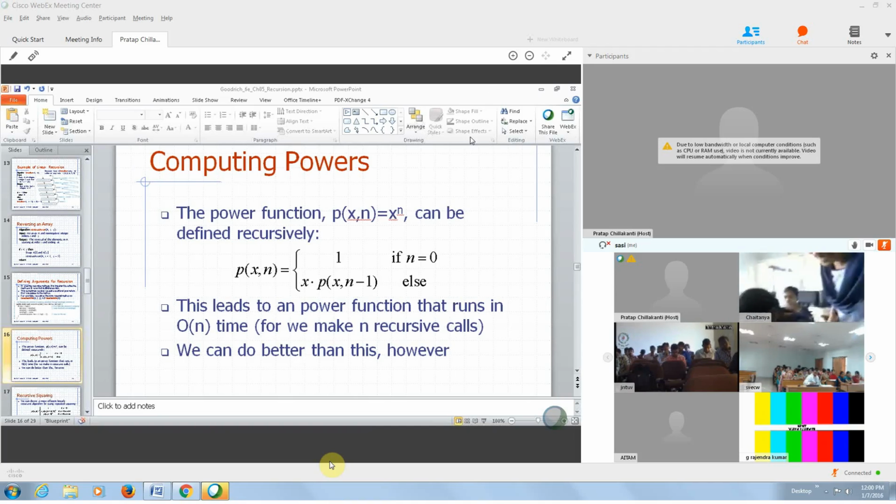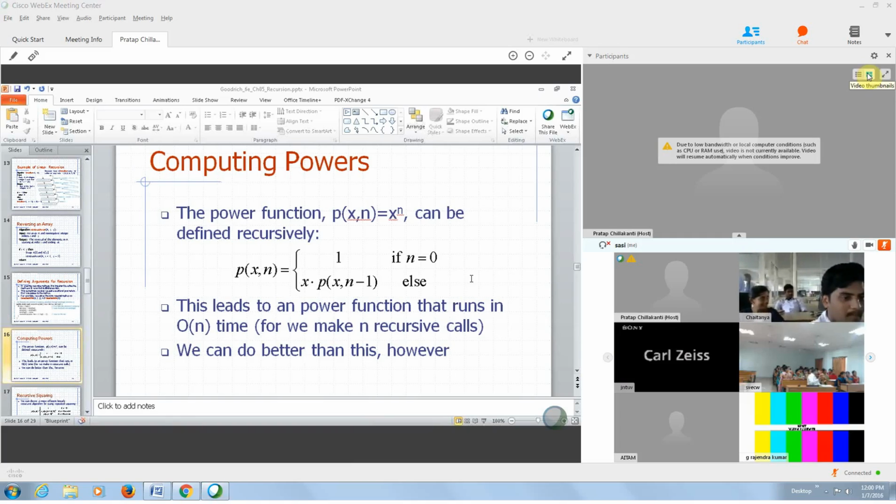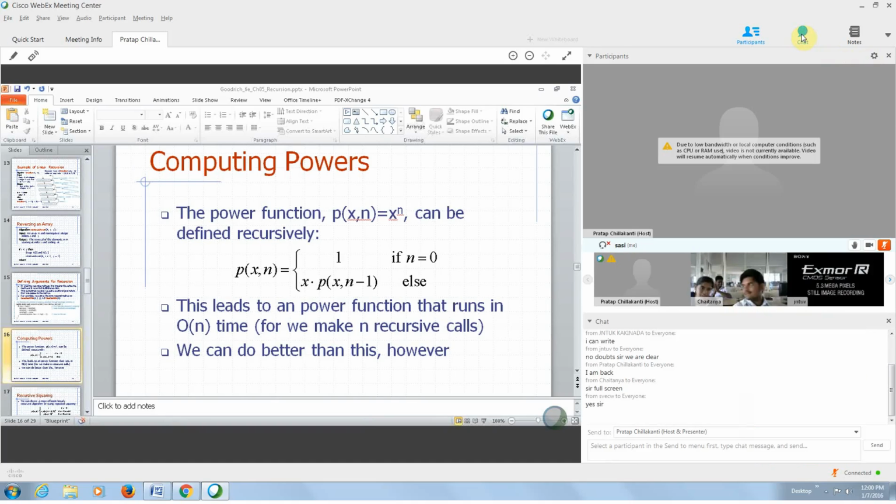Any language, any class that taught you trees? Okay. From SVECW to everyone, you said yes, sir. Yes, sir, meaning for trees, I assume, right? So I'm going to put it in full screen mode.